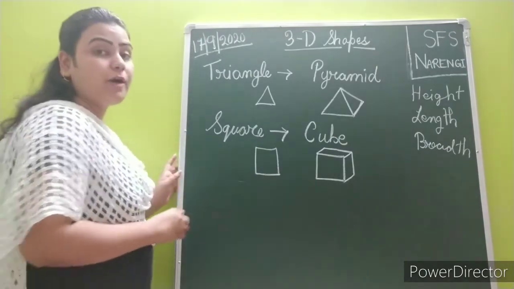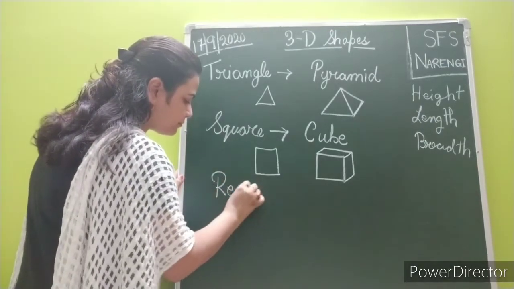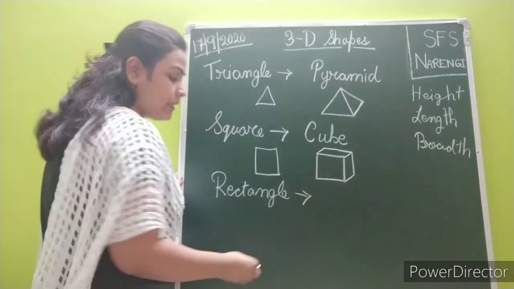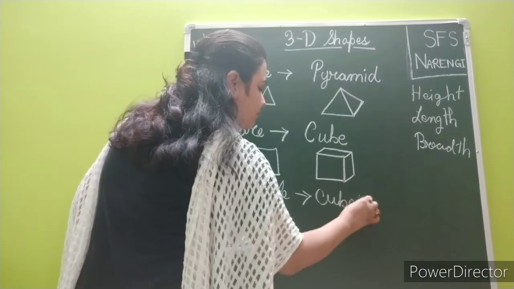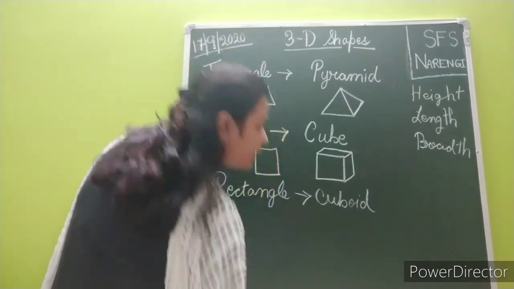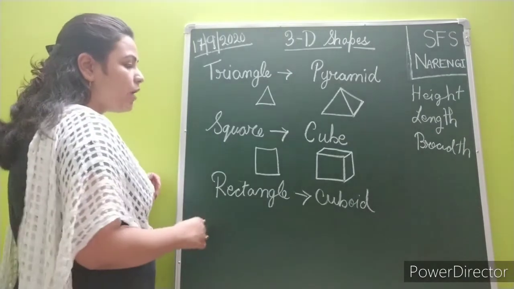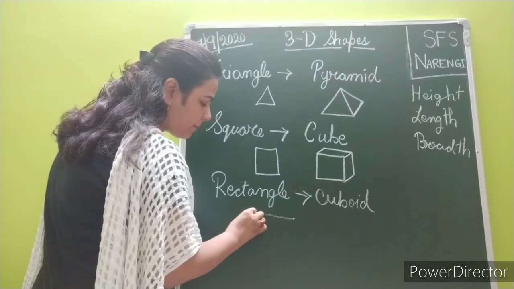But when we talk about the rectangle, the 3D shape is known as cuboid. Alright. And how does the cuboid look? How does a rectangle look?